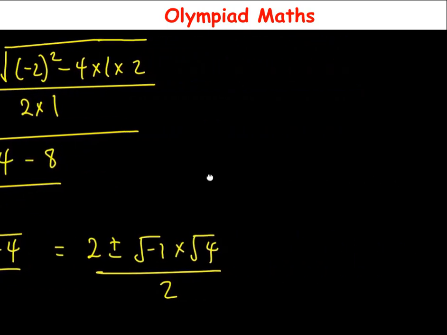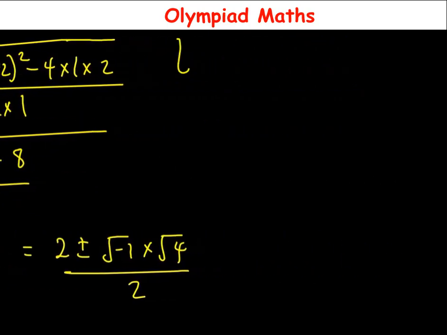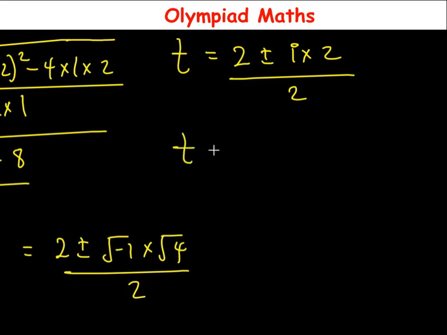Such that from here, the value of t is equal to 2 plus or minus root minus 1 is i times root 4 is 2, then all over 2. With this, the value of t is equal to 2 we divide 2, 2 also divide 2. What we have is 1 plus or minus i.